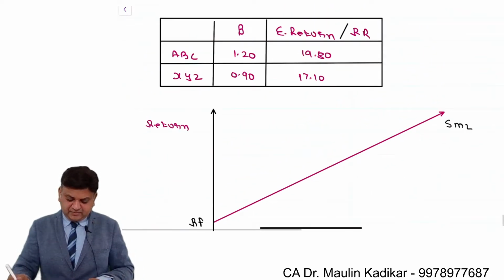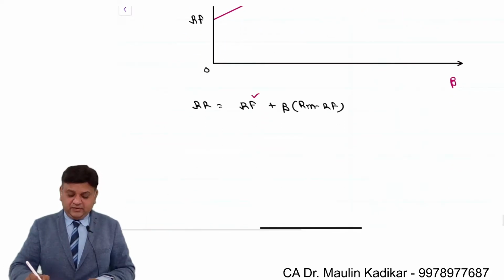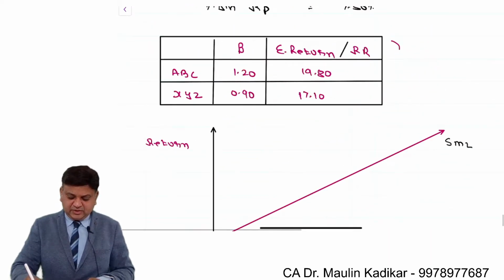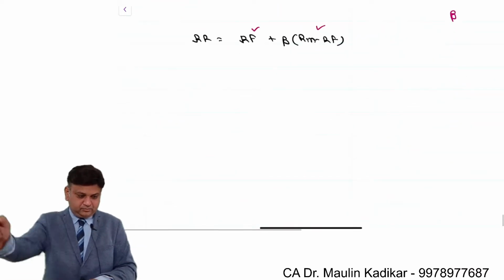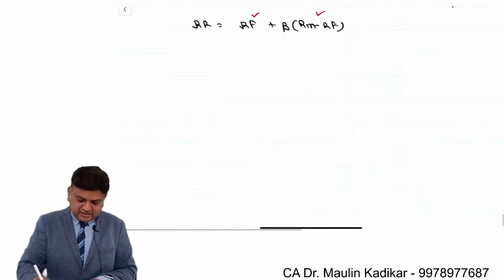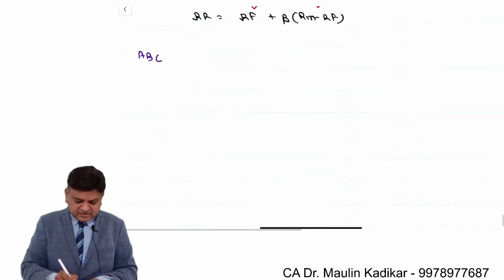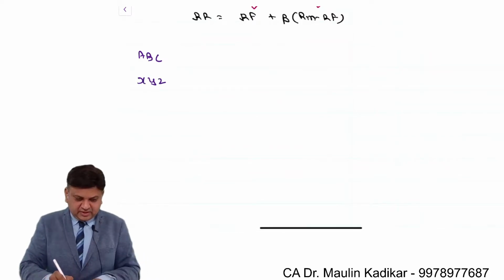From this information, we can definitely calculate the RF. We can also calculate RM minus RF. So from this information, we will prepare two simultaneous equations. One is ABC Ltd and another is XYZ Ltd. For ABC Ltd, the required rate of return is 19.8.